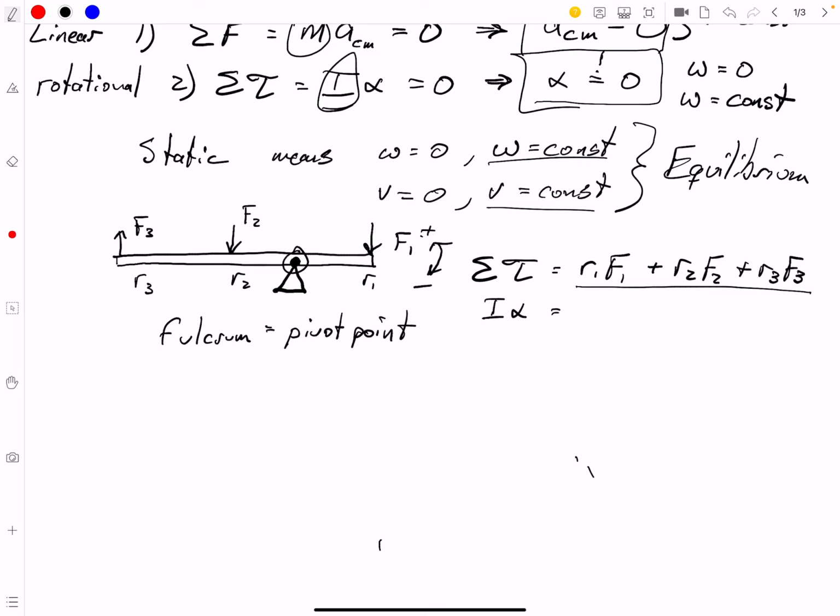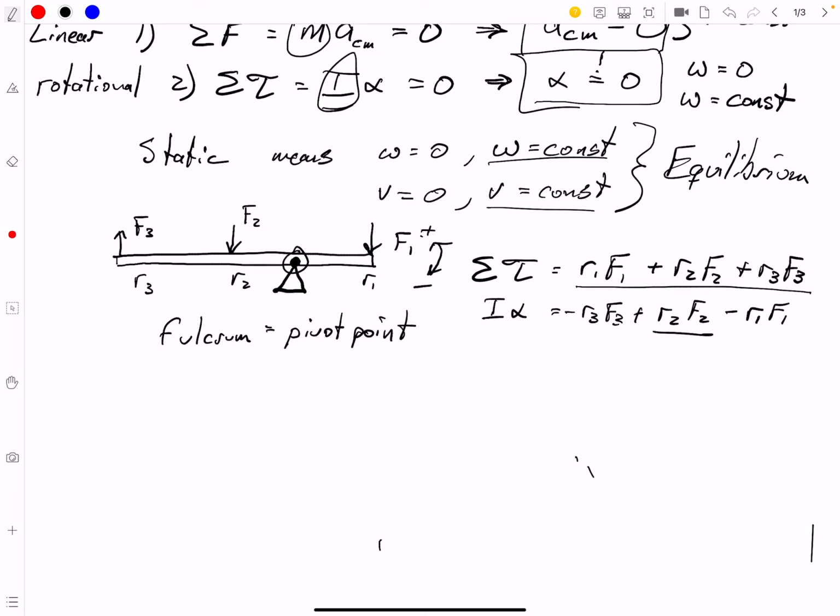Which ones are positive? F3. So R3, F3 minus R2, F2. Wrong. That one's positive, this one's negative. And we're also subtracting off R1, F1. So the only one that's positive is R2, F2.